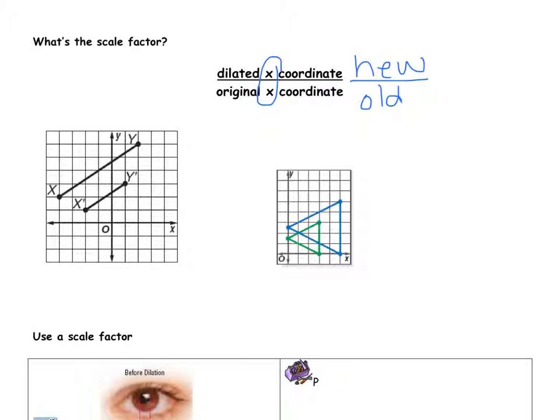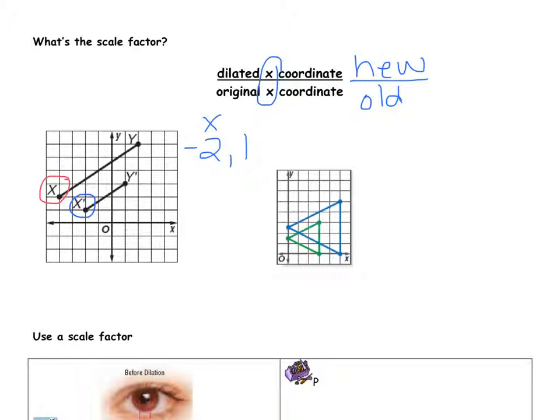So if you're going to come down here and take a look, we are going to put the dilated, which is this one right here on top. And so x prime, the coordinates are over to -2 and up 1. And so the x value that I care about is -2. And then I'm going to come over here and look at the original.